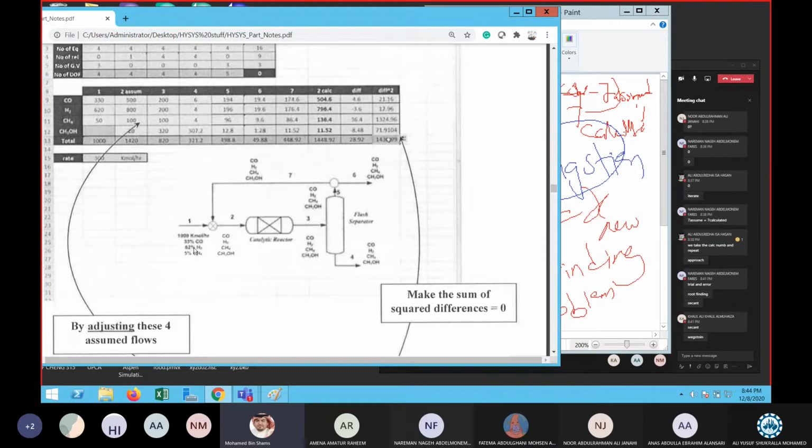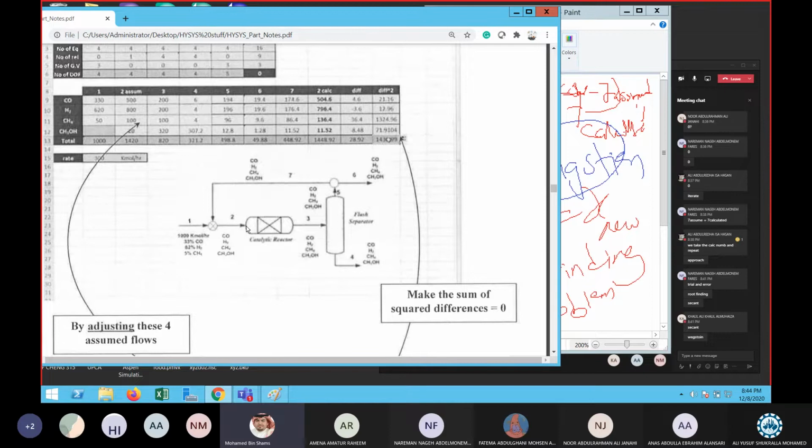The same for hydrogen, which enters at 620. I could start with 700 or 800. And the methanol is actually 0, right? Because I don't have any methanol here yet. So I could start here with 0 or just a small amount because it's just been produced.